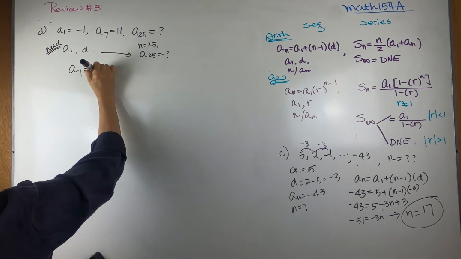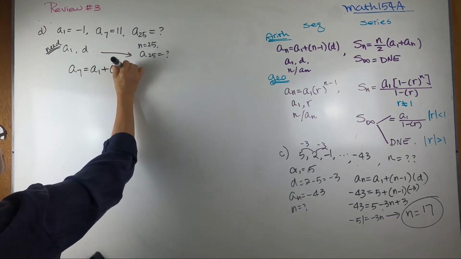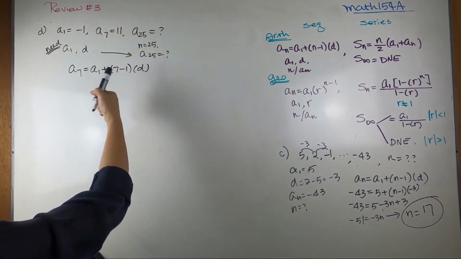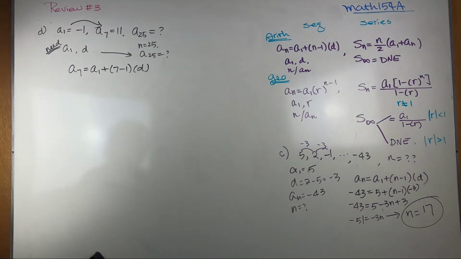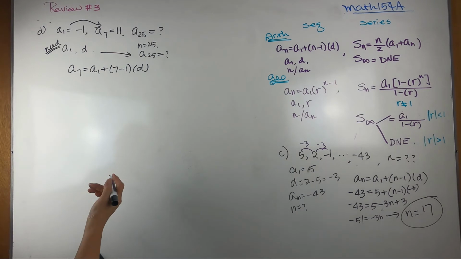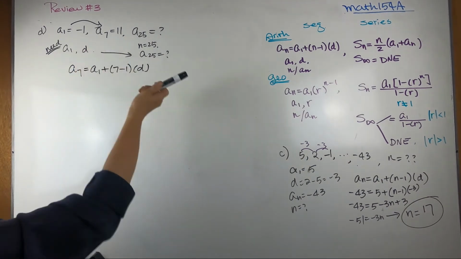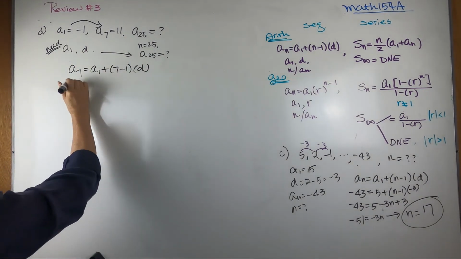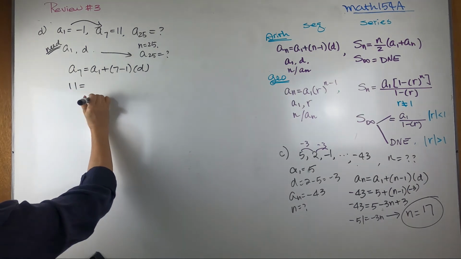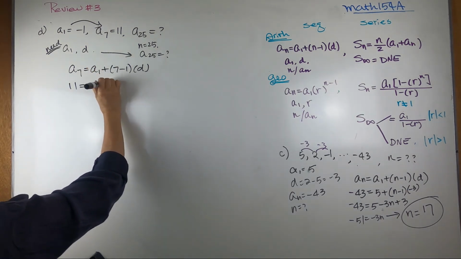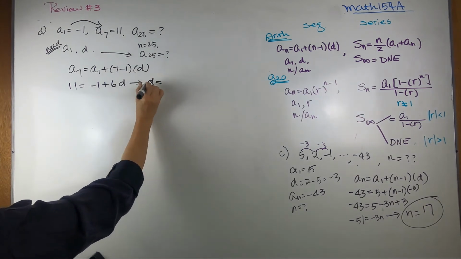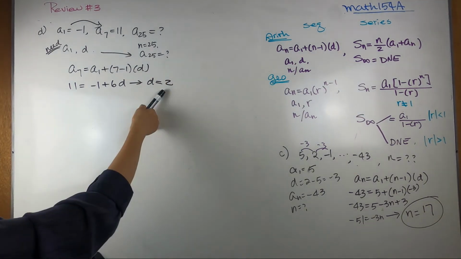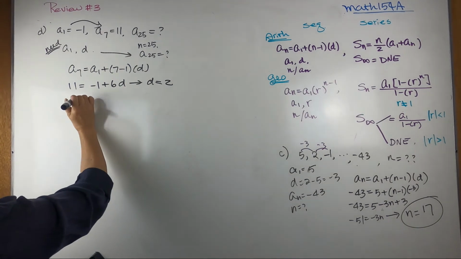A7 equals A1, -1, and D, to find the D, because you have to go 6 positions to get there. Then you should be able to find it by plugging in. A7 is 11, A1 is -1 plus what? 6D. So what do we have? D is 2.